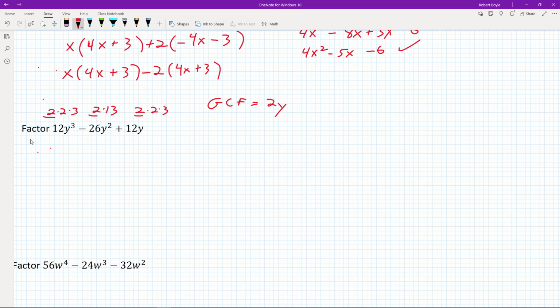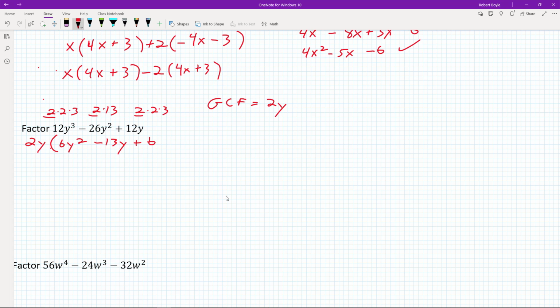So we can factor this into 2y times whatever we need to multiply 2y by to get 12y cubed, which will be 6y squared, times minus 13y, plus, once again, whatever we need to multiply 2y by to get 12y, that's going to be plus 6.